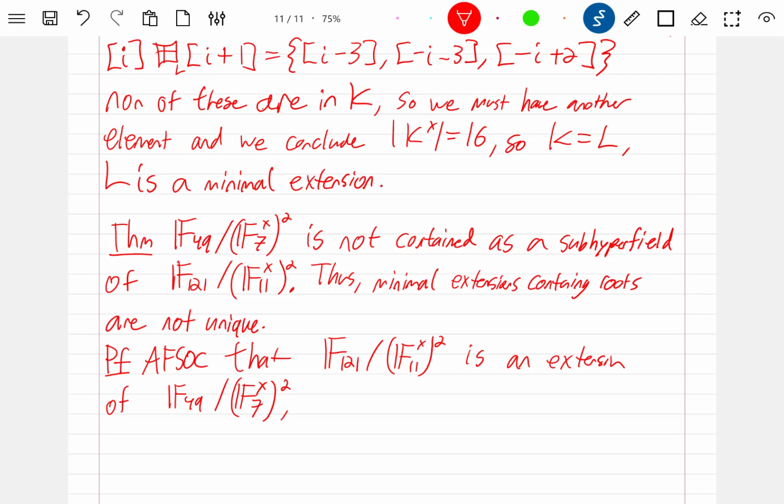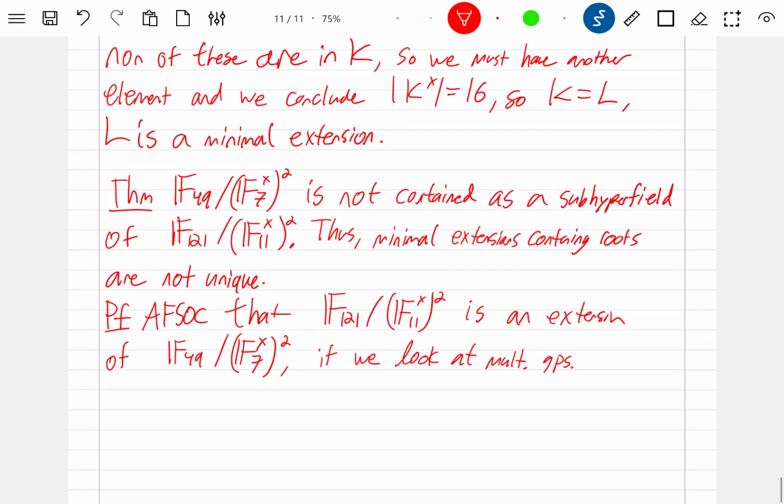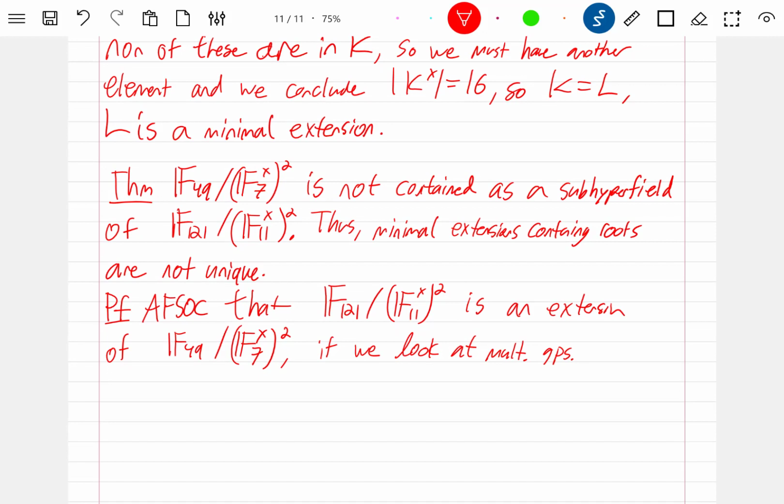If we look at multiplicative groups, we have to have that the multiplicative group of F49 modulo the squares is a subgroup of the multiplicative group of F121 modulo the squares.